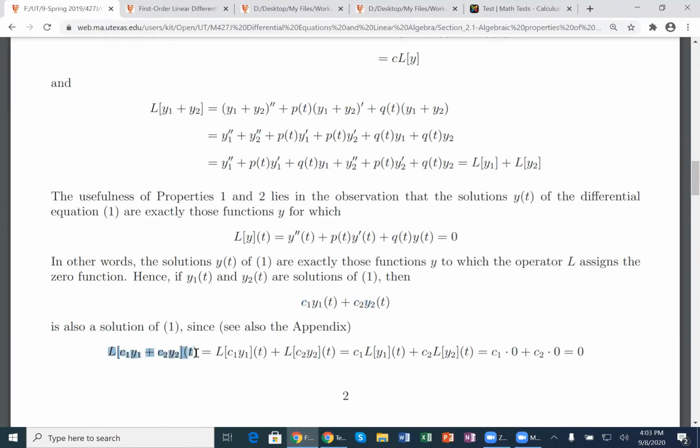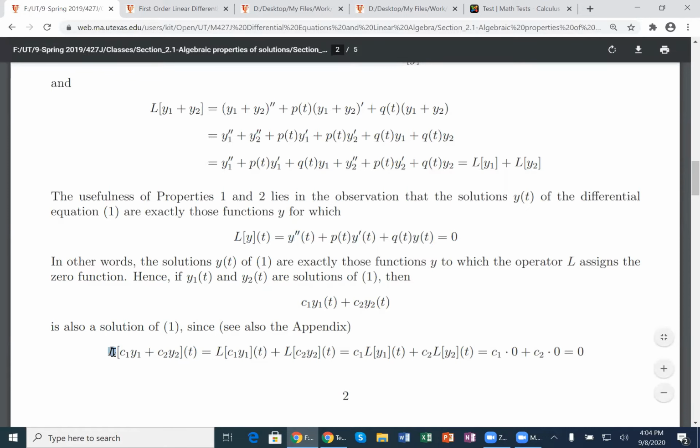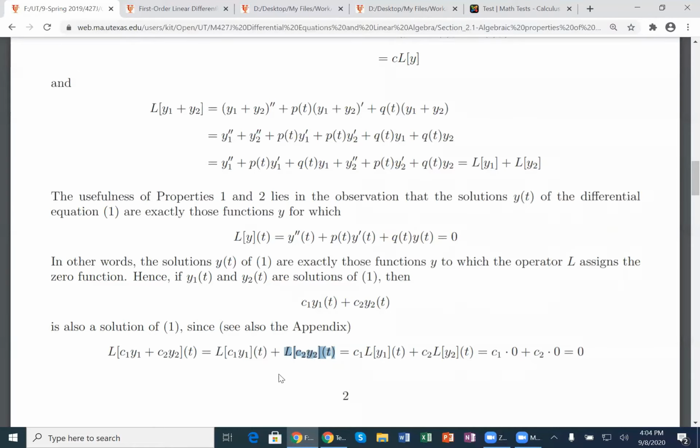It's done. Next step. Note that we just proved that this is a linear operator. Therefore, by property number 2, L of the sum is the sum of L's. Also, by property 1, we can factor out C1 and we can factor out C2. Done.